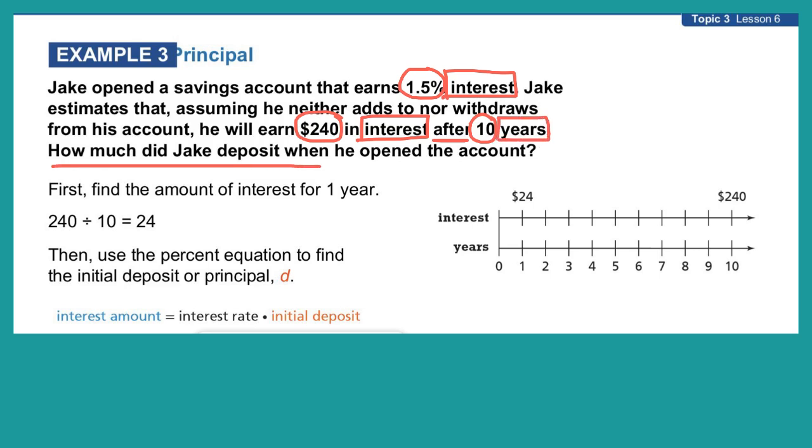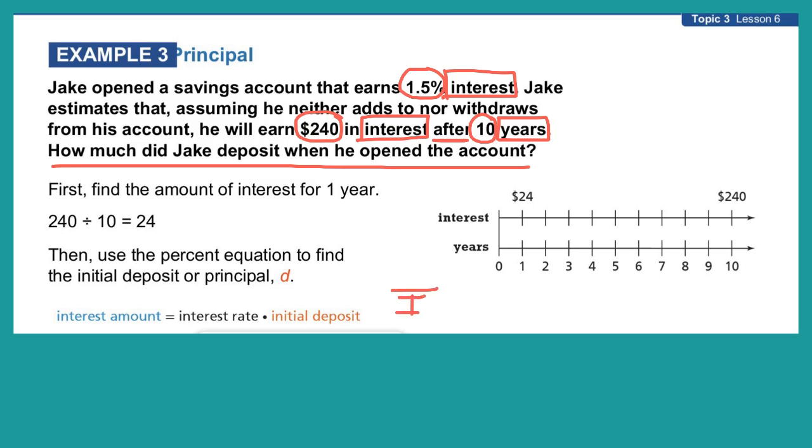And how much did Jake deposit when he opened the account? Now, your book is going to walk you through 1 year, but I'm not sure we have to do that. I think we can probably just do it with the information that we have. I think the other way of doing it might confuse you a little bit.